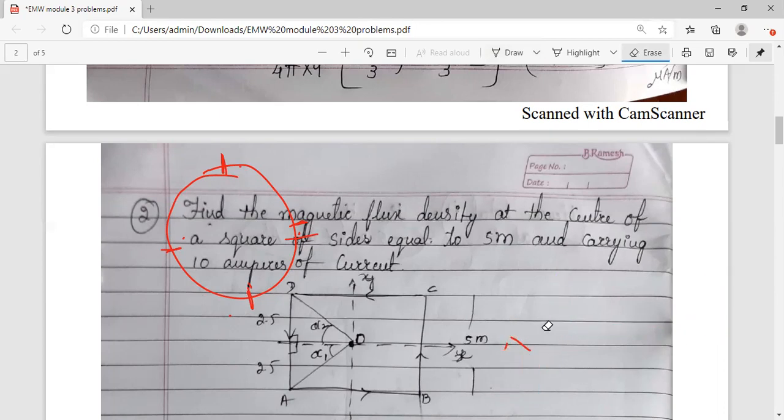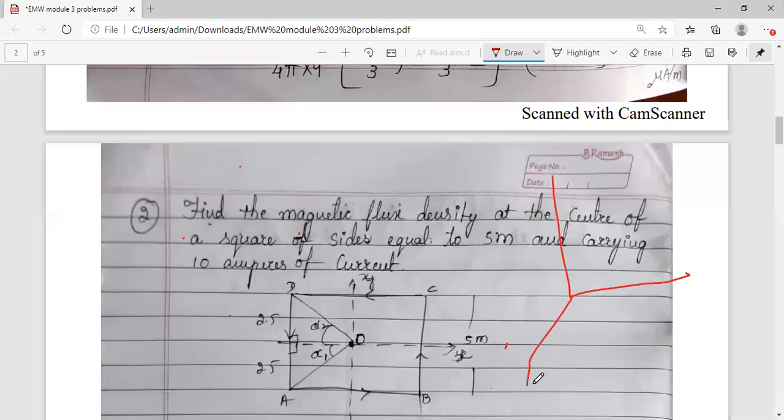As I told you, in the given problem they have not specified in which plane this conductor is placed. So you are free to choose your axes. Suppose you have these three coordinates.